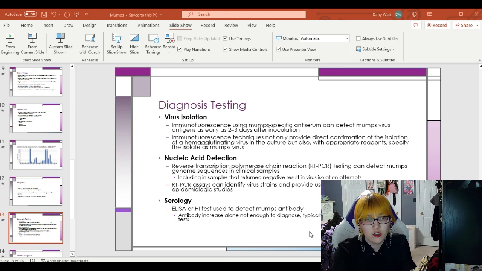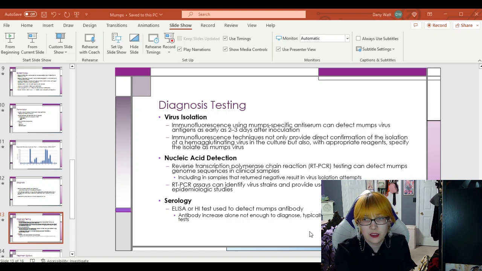Nucleic acid detection is a little bit further additional testing. That's going to be reverse transcription polymerase chain reaction, or RT-PCR testing, which can detect the mumps genome sequences. So that's going to look specifically into the genetic material of the mumps virus.